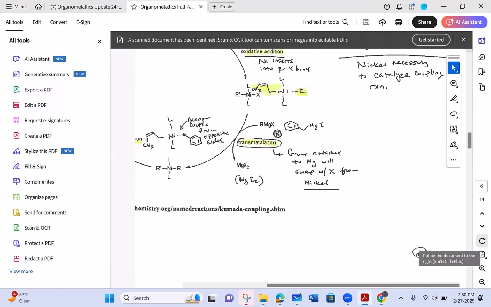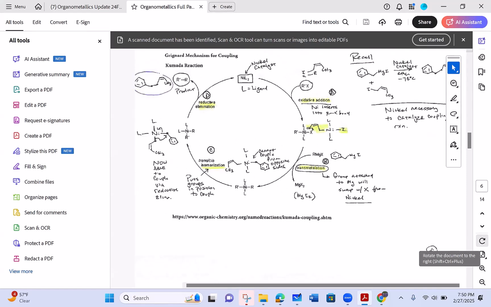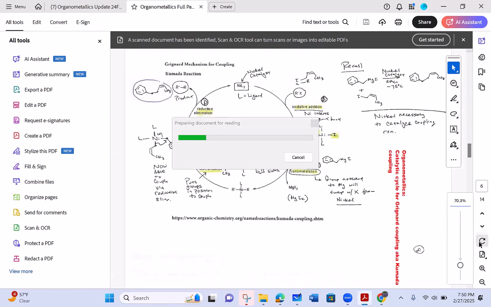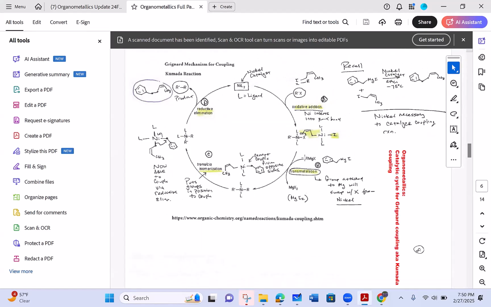It's like right here. This is that Grignard coupling mechanism. I don't need to read the page. I already read it. So of course you have these different steps in this mechanism, and they were also in the video going over the catalytic cycle, and what happens in each step.